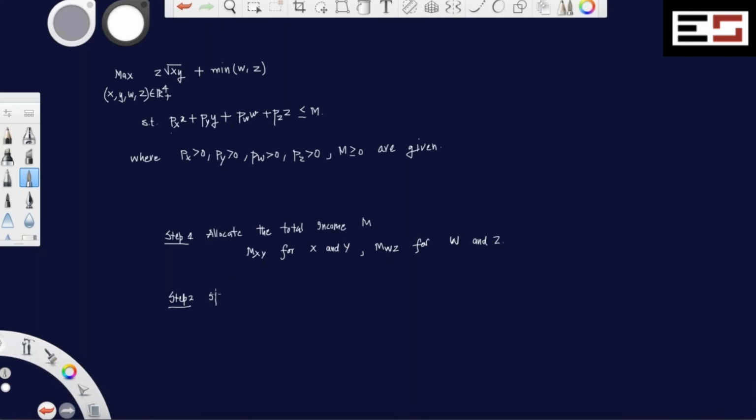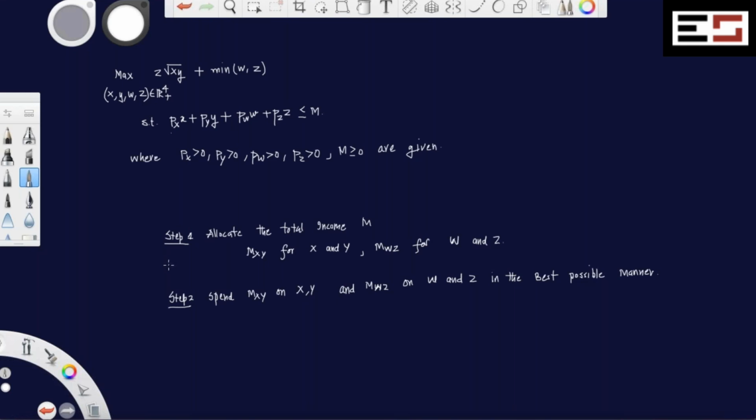So spend MXY on X and Y and MWZ on W and Z in the best possible manner. And then once you solve this stage two problem, go back and solve the stage one problem. It's just like backward induction.